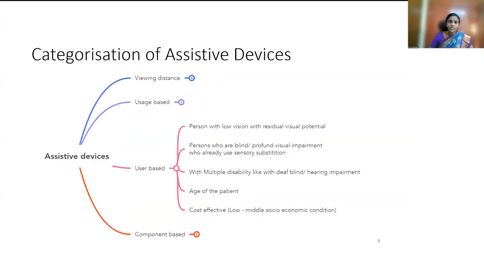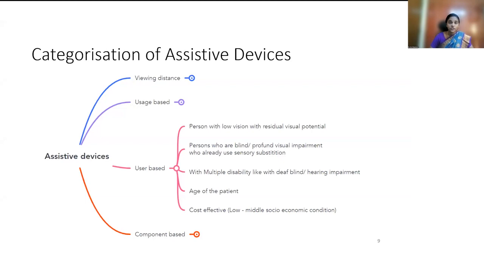The most important aspect of categorizing an assistive device, I feel, is the user, the client or the patient. After the assessment, we know the base of their vision and whether the person has some residual vision to fulfill their goals, or if the person has a severe visual impairment, which would require a sensory substitution device rather than a low vision device, or whether a person has multiple disabilities along with a visual impairment.